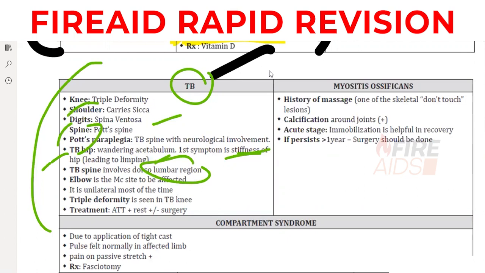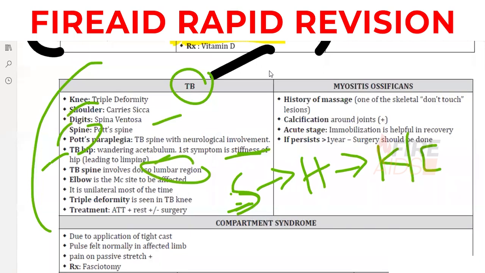So first is spine. Second is hip. Then comes either knee or elbow or shoulder, or finally digits. Knee, elbow, shoulder, and digits. When it involves the knee, it causes triple deformity in the knee.